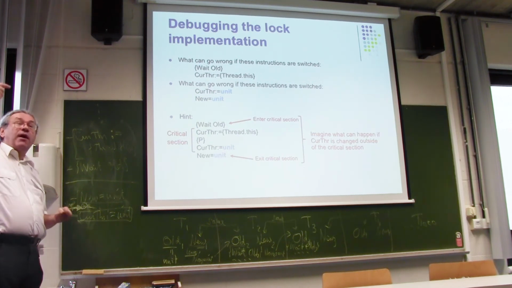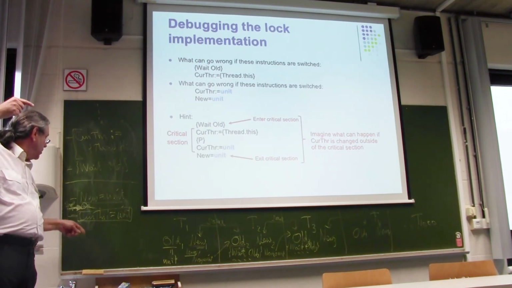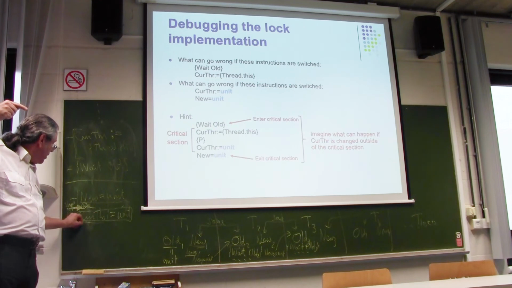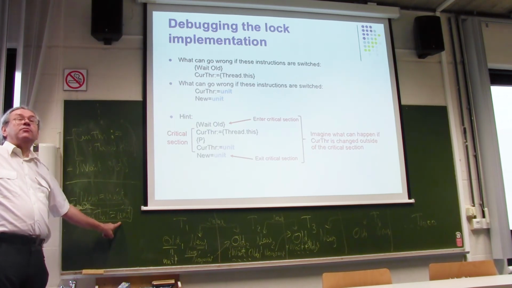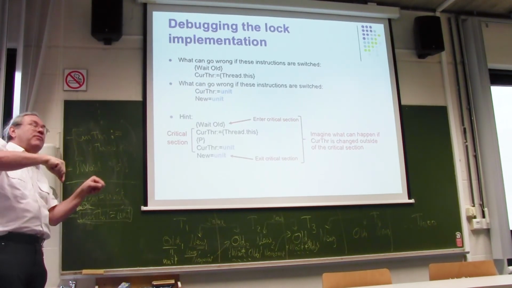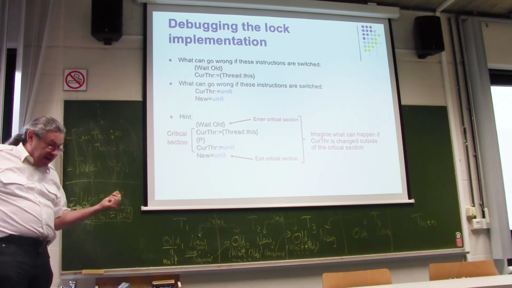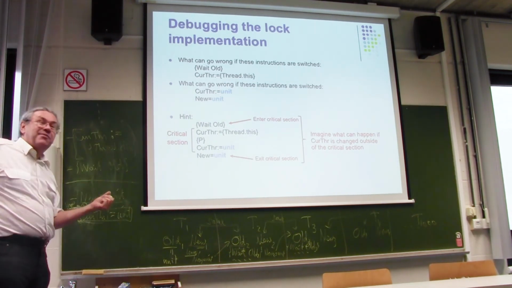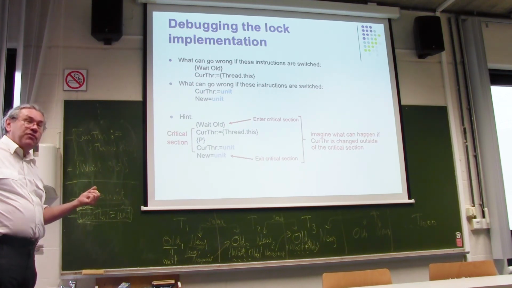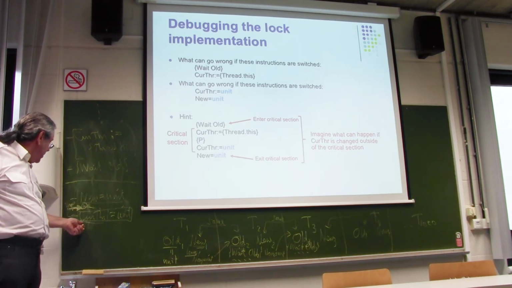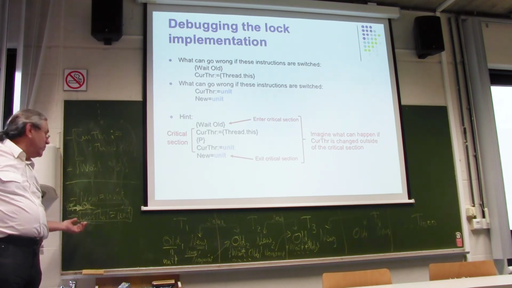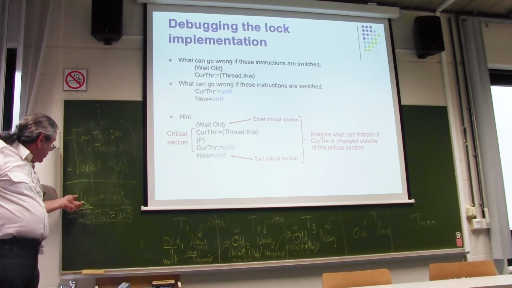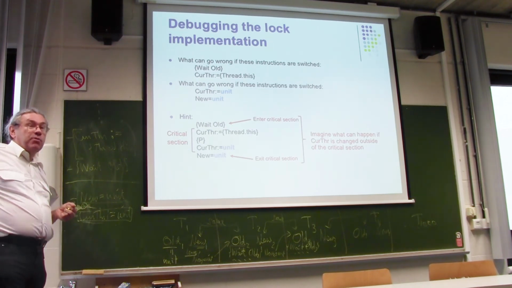And so the other thread that's in has now its current thread variable set to unit and not to itself. That means if that other thread now tries to do reentrancy, it will block forever. So if the other thread tries to go in again, it will have a deadlock, okay? So that's a little bit more subtle than the previous one, huh?